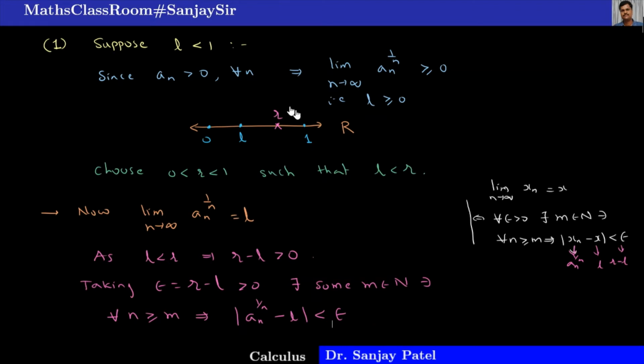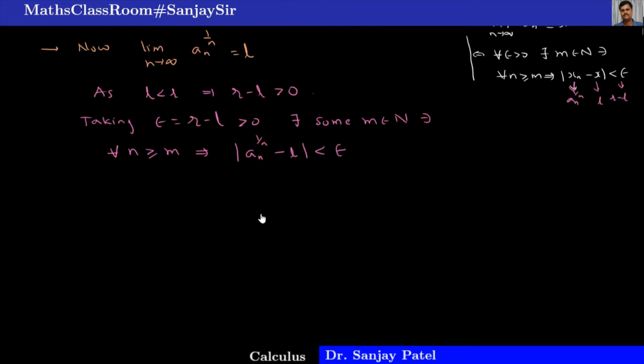And this we want to write in the simple form by removing this modulus. So this implies L minus epsilon less than an raised to 1 upon n is less than L plus epsilon.